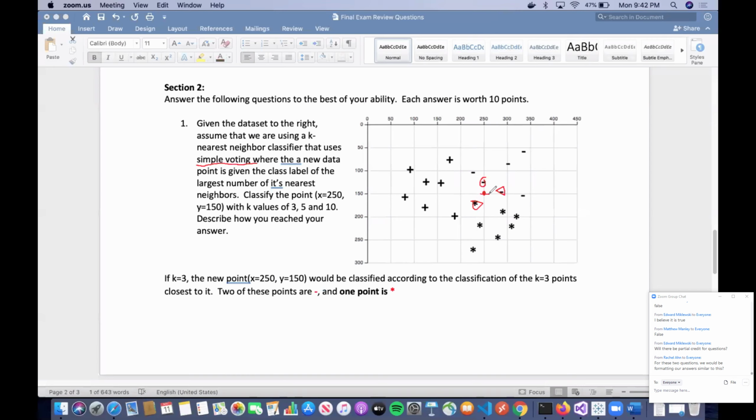That would be our classification. So our reasoning, and because we know one of the points is that.